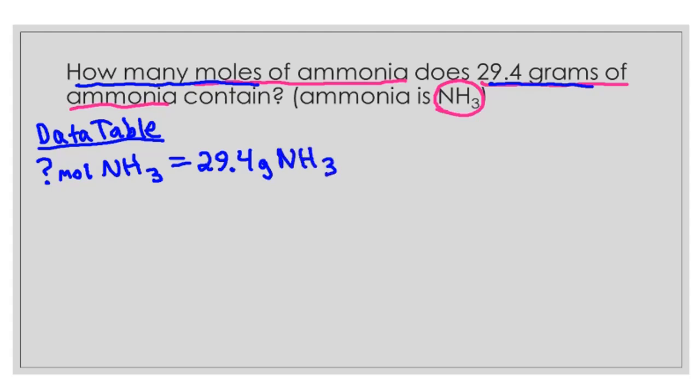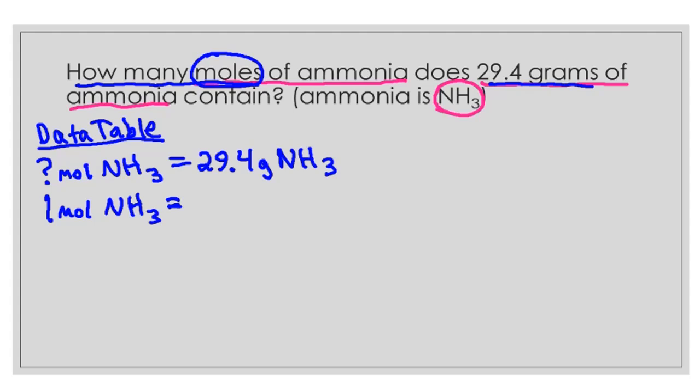Now, if you notice, it has the word moles in the question mark statement. So what you want to do is set up how many grams of ammonia is going to equal 1 mole. So 1 mole of ammonia, and we need to find out how many grams of ammonia is in that 1 mole.